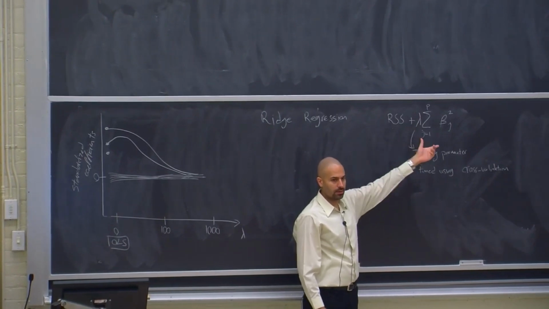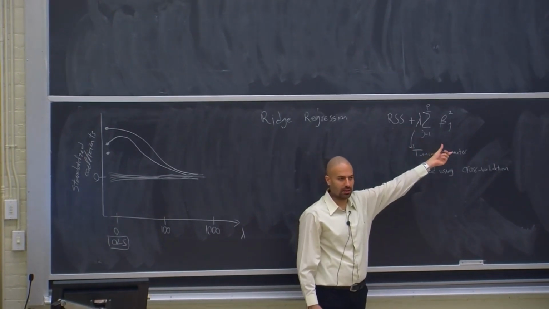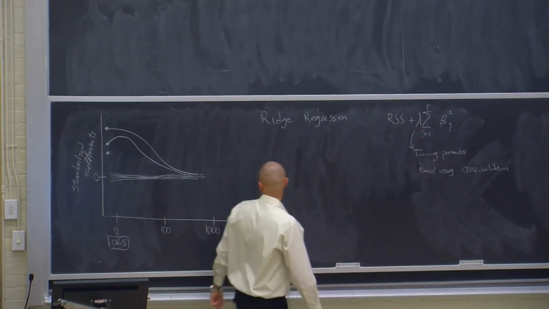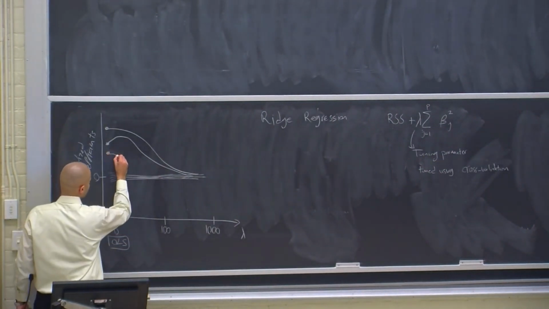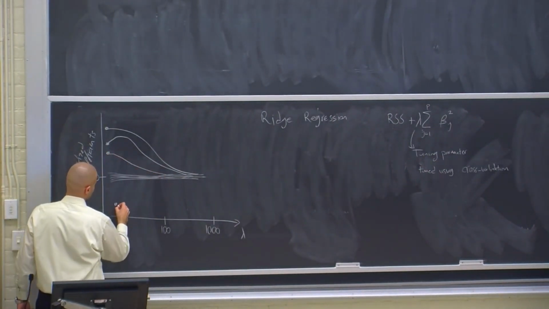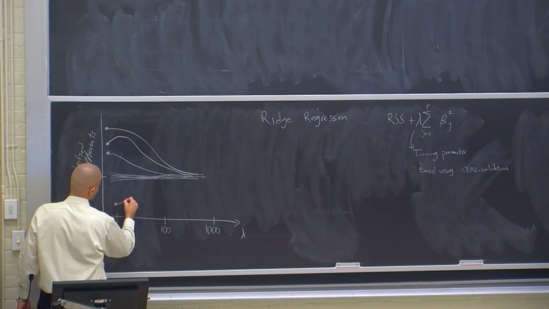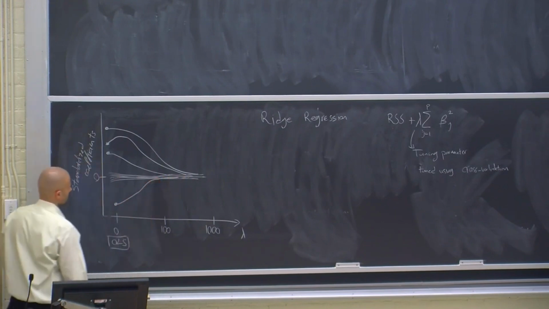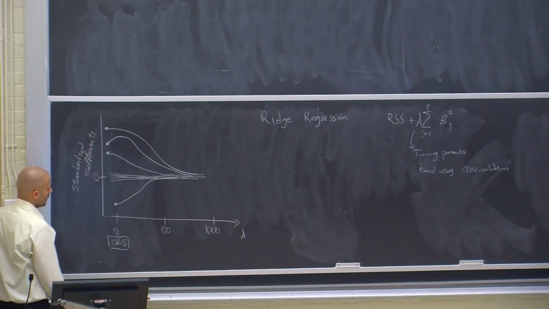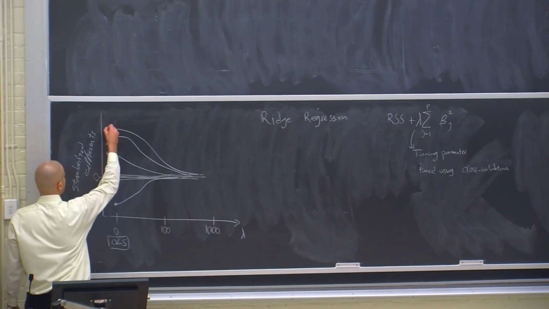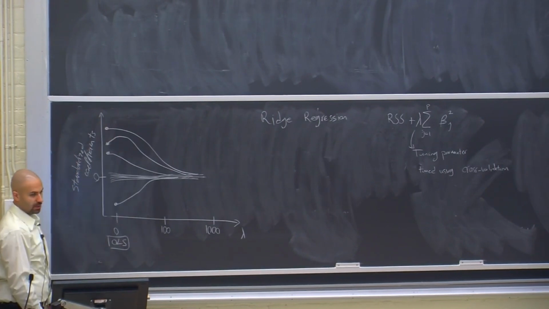So we don't mind sacrificing fitness for the sake of getting a sparser and simpler model. What happens here is that these are the standardized coefficients of our predictors.